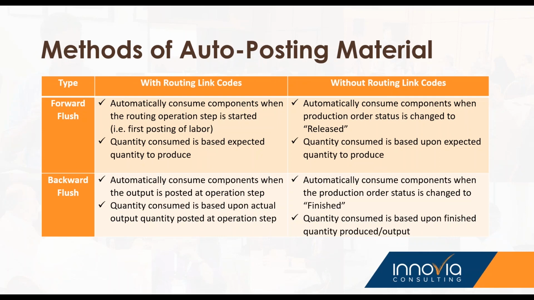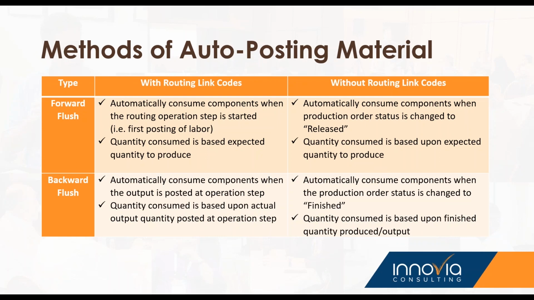In your bill of material, you can say we need these at routing link code 30, and then in my routing, I have an operation where I assign routing link code 30. So if I were to do a pick or stage material, I know which operation, work center or machine I need that material at. So it can be attached to that operation. That's what the routing link code is.